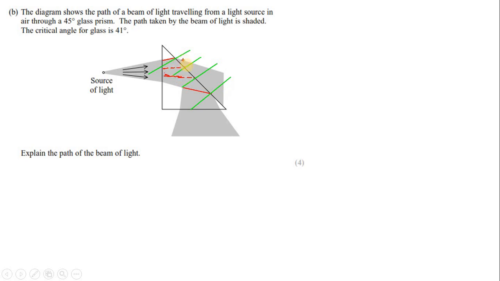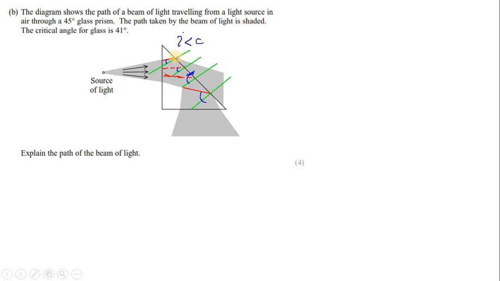Now as you are coming down along the boundary, you see the incident angle is continuously increasing. So for those beams of light which are above some point, in the upper region of the prism, the incident angle is less than the critical angle.